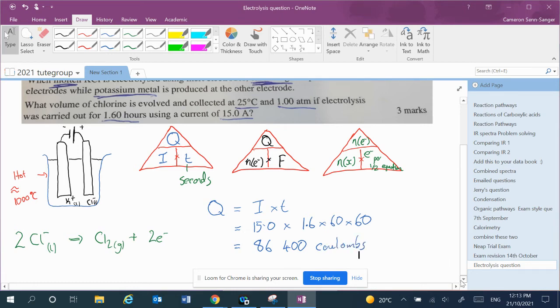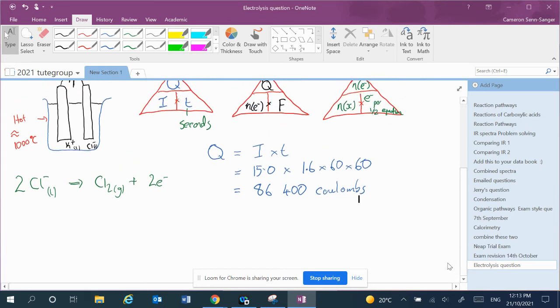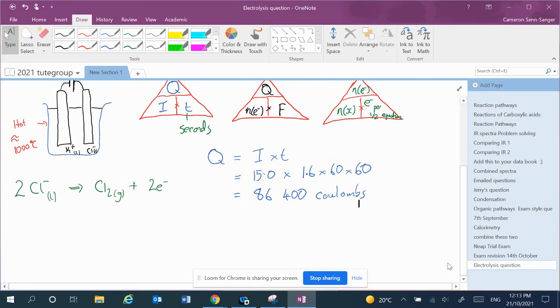So we've now found out how many coulombs are in the system. The next thing we want to do is find how many moles of electrons were produced. Our moles of electrons is going to come from the charge in coulombs divided by Faraday's constant, which is found in the data book.